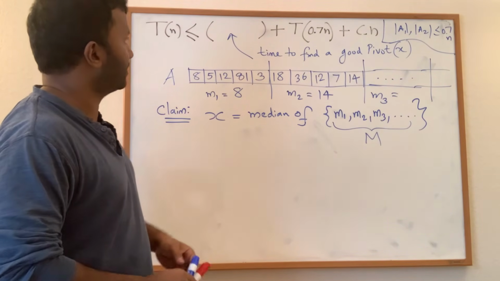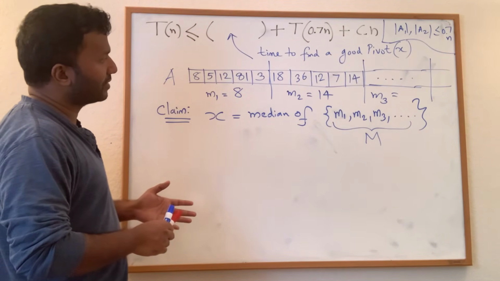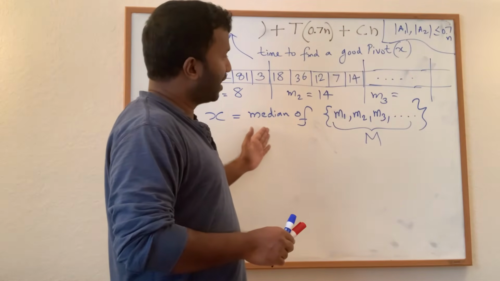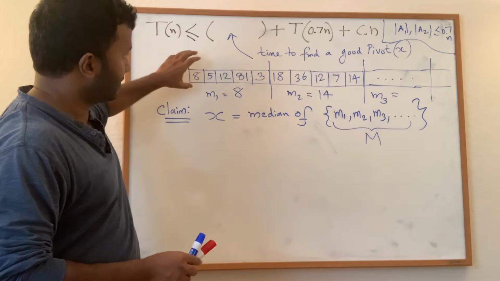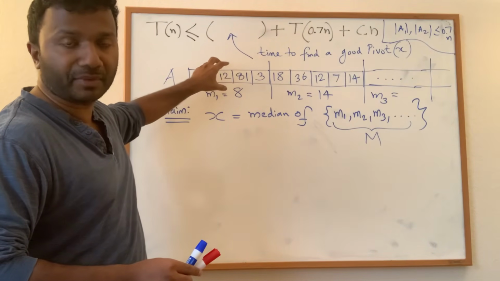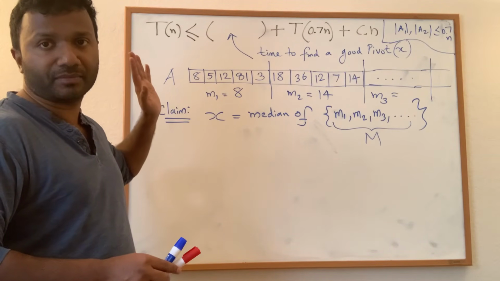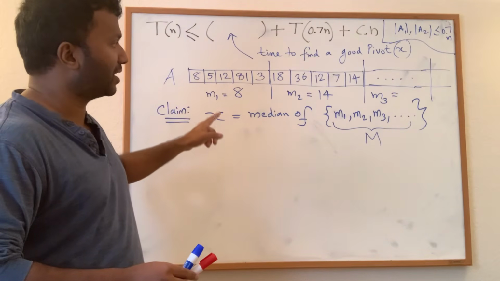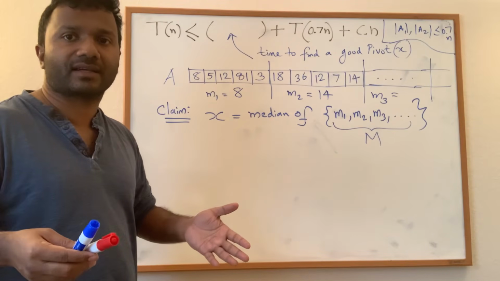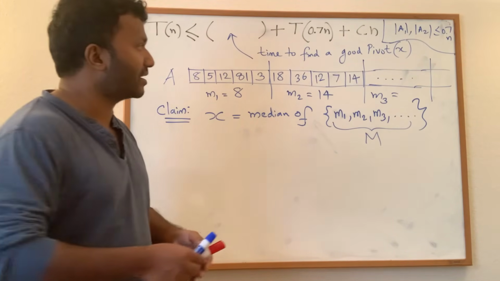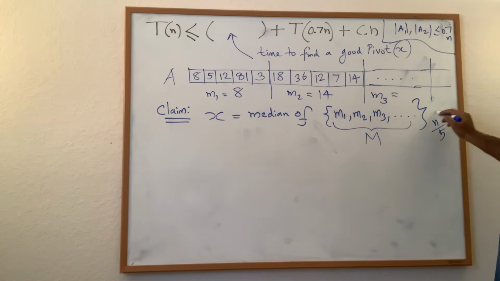So let's do the second part first, which is, let's assume that the claim is correct. In that case, the time for this entire process is this. First we have to split the array, find the median, and get these numbers, which can be done in linear time, big O of n time. And once we get them, it's again asking for a selection in a smaller sized array of size n divided by 5.